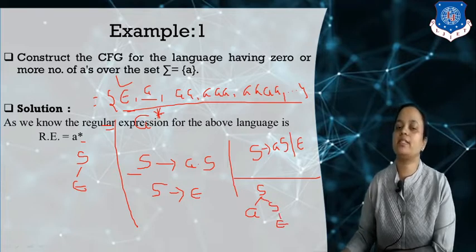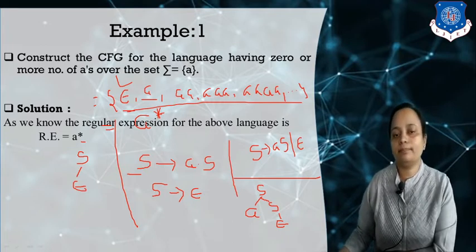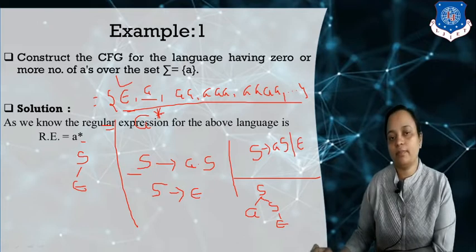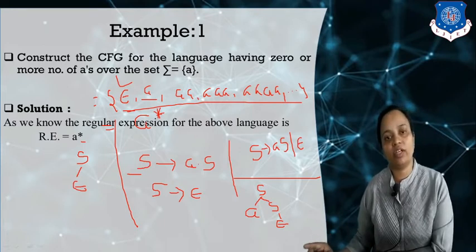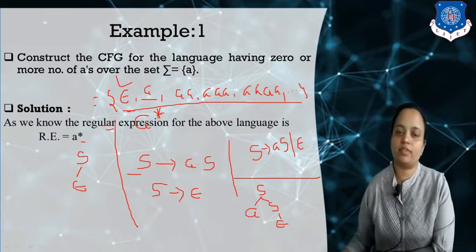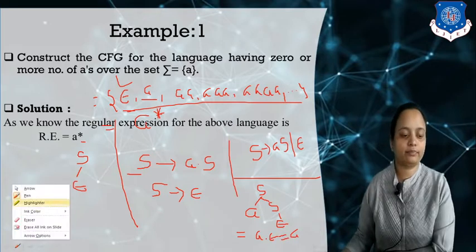So A dot null means it generates the single A. Always, a null symbol in the input string we can ignore, but if the input contains only null, we need to consider it as an empty string. Always remember this. So A dot null means that it generates A. Now I want to generate the double A.